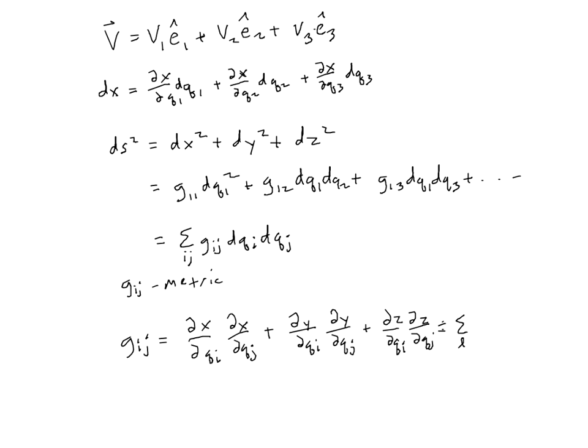And that is effectively partial x_l with respect to qi, partial x_l with respect to qj. What is the metric? Oh, all it is is that relationship between the Cartesian coordinates and whatever your coordinate system is.